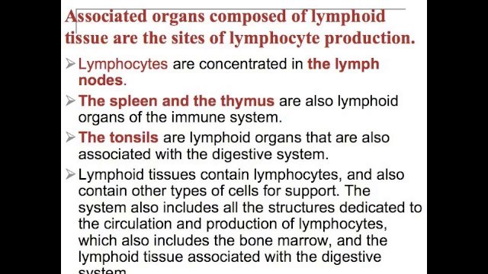The tonsils are lymphoid organs that are also associated with the digestive system. Furthermore, lymphoid tissues contain lymphocytes and also contain other types of cells for support. The system also includes all structures dedicated to the circulation and production of lymphocytes, which also includes the bone marrow and the lymphoid tissue associated with the digestive system.